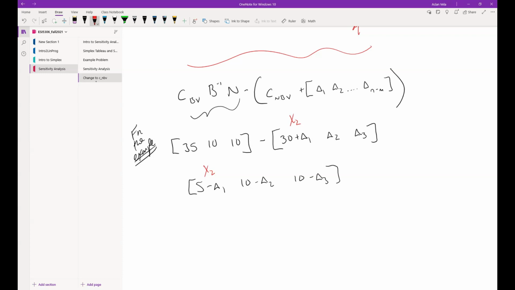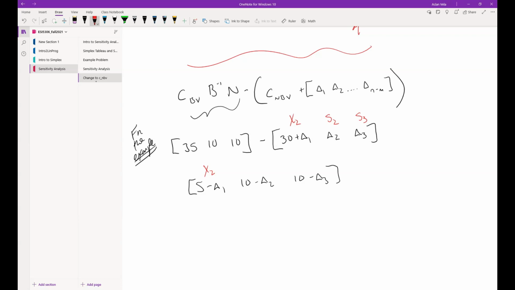No, S2. So this coefficient actually corresponds to S2. And finally, the last coefficient corresponds to S3. Now remember, these slack variables don't really have meaning. We just use them in order to get into standard form.